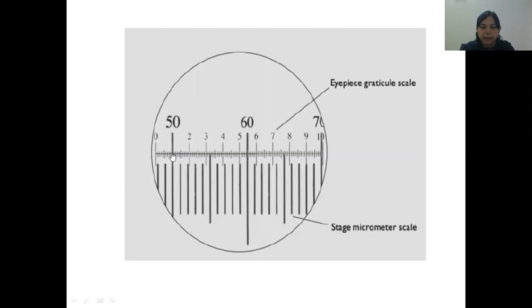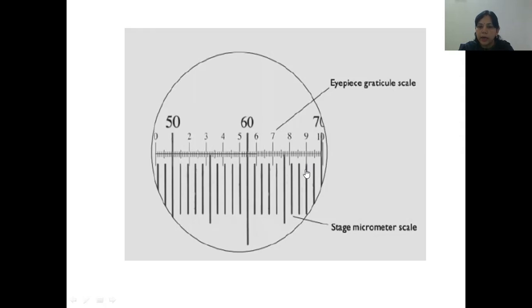Once you find a coinciding line, slowly move towards your right till you find another coinciding line. The smaller lines are difficult to find, so we look at the larger lines. 2 is not coinciding, 3 is not, 4 is not, 5 is slightly coinciding but not exactly, 6 is not, 7 is not, 8 is not.